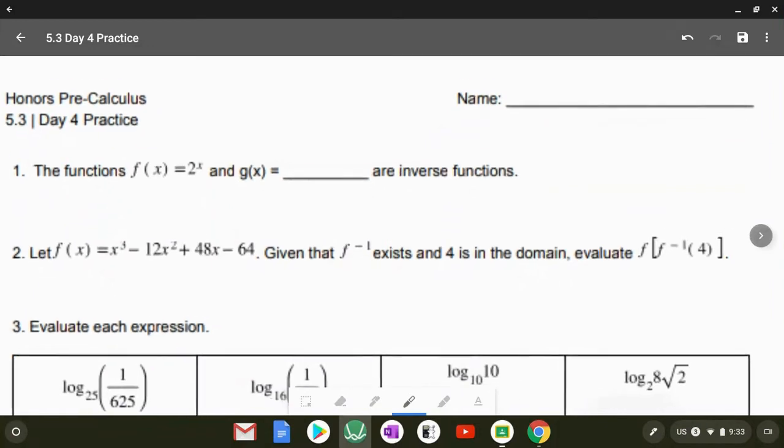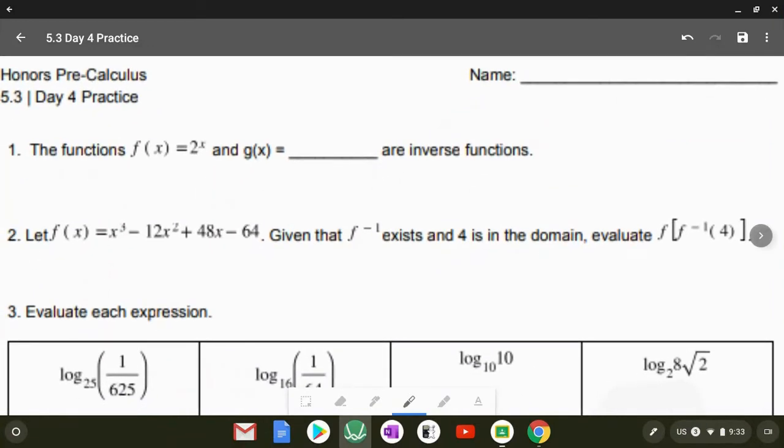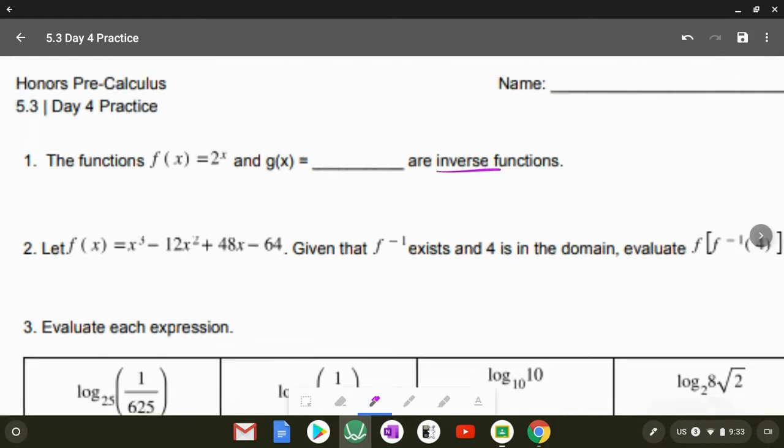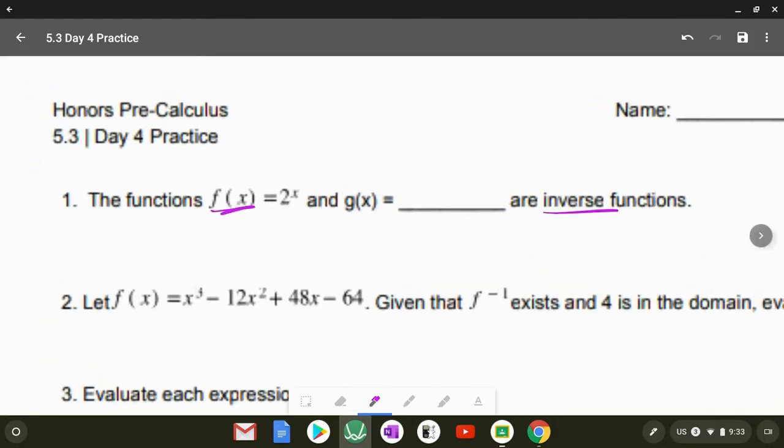So talking through numbers 1 and 2, we'll take a look at number 1 real quick. This is an exponential function, and it's just saying that the function f of x equals 2 to the x and g of x equals blank are inverse functions. Well, let's say hypothetically we didn't know what that was already. We can find the inverse right away by switching x and y.